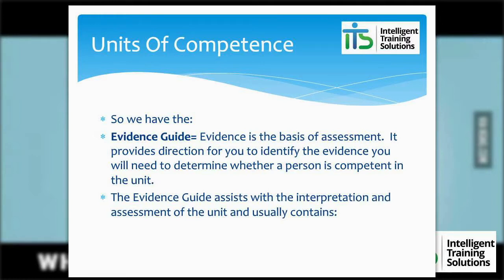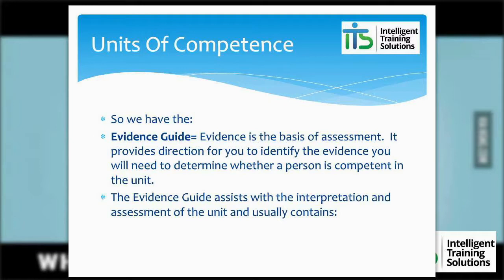So sometimes people that write these units of competence get a bit lazy, and in the evidence guide, they'll just say, evidence required for this unit must cover all of the elements of performance criteria. So whether that's a good thing or a bad thing, I don't know. Sometimes you get an evidence guide that really specifically says, hey, this is what people need to do.